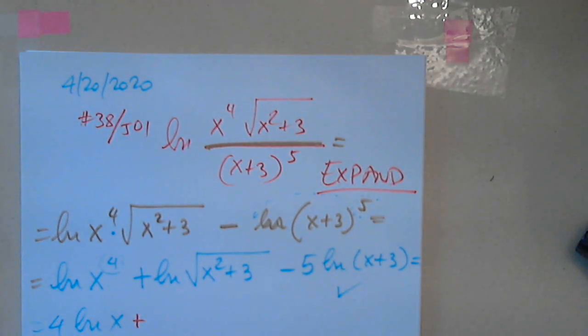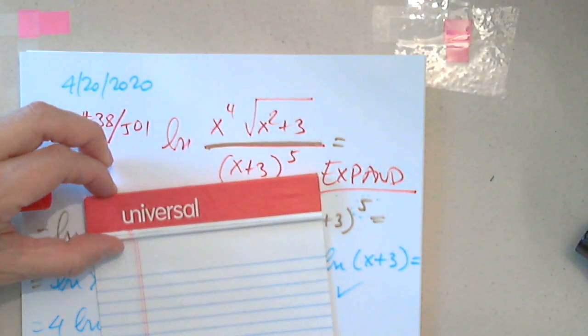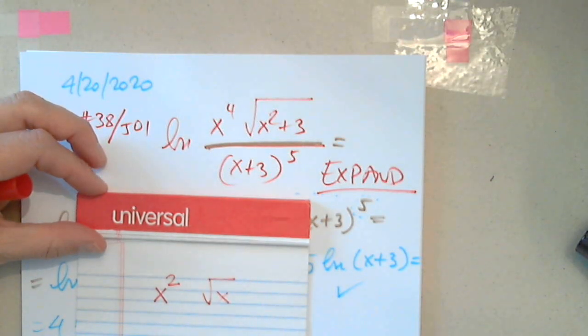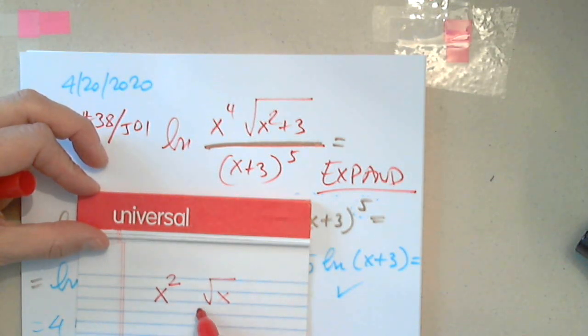Let me just say this. X squared and the square root of x cannot have the same power. If this one has power 2, this one cannot have power 2. So what is the power of this? X to what power? 0. X to power 0 is 1, assuming that x is not 0.